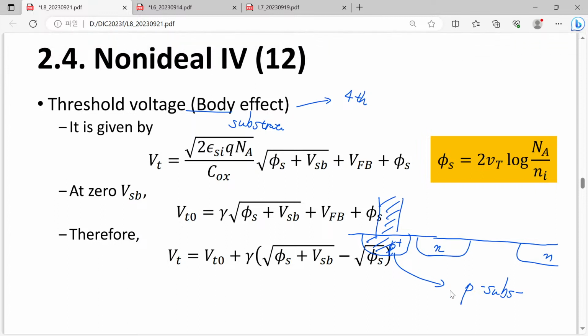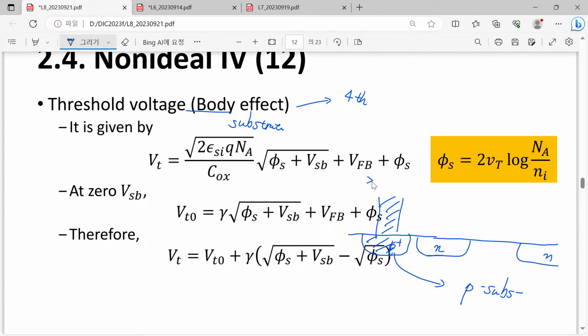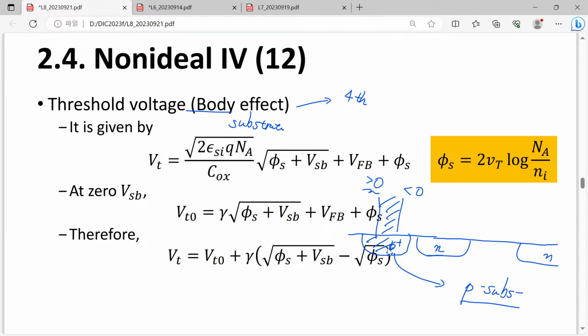That was explained already. However, what happens if we have a positive value instead of ground, or a negative value instead of ground? Please think about this one. If we have a positive value for our P substrate, this is quite a bad situation. Why? Here we have N corresponding to our source and drain, and this is the P-type substrate.